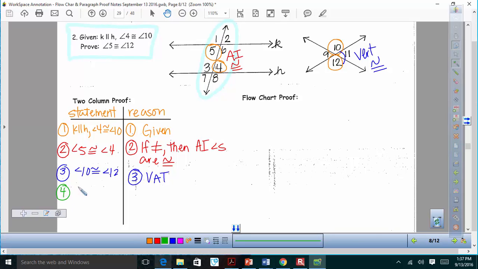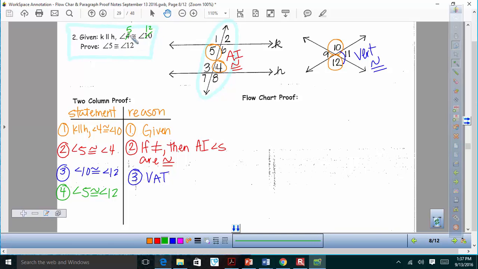Okay? So our proof says angle 5 is congruent to angle 12. Okay? So if 4 and 10 are congruent, what else is 4 equal to? 5. So I could put 5 in place of 4. What else is 10 congruent to? 12. So I could put 12 in place of that.